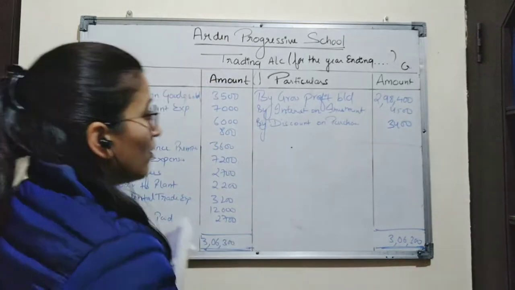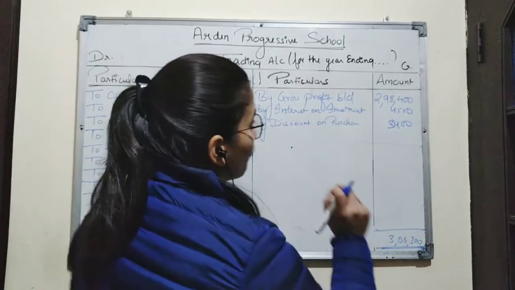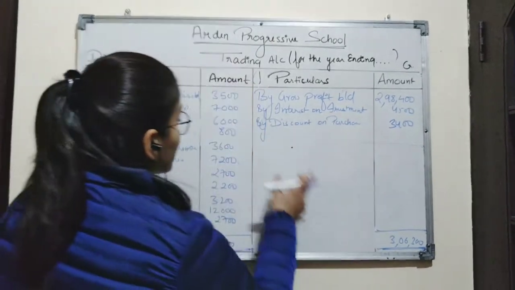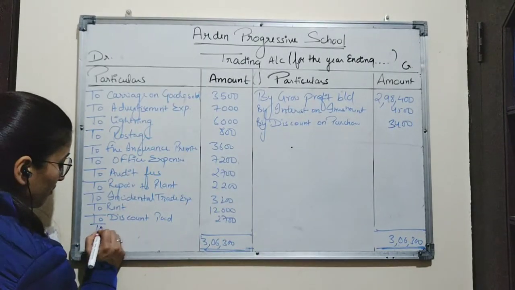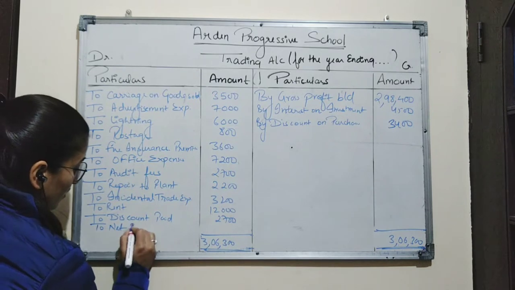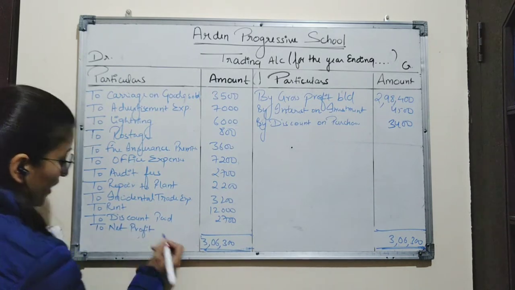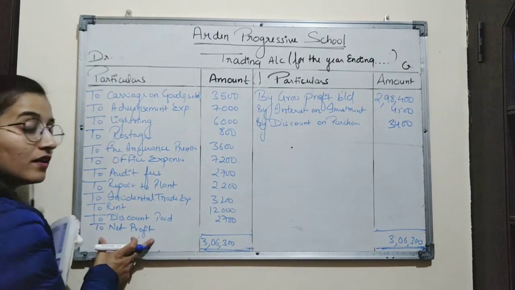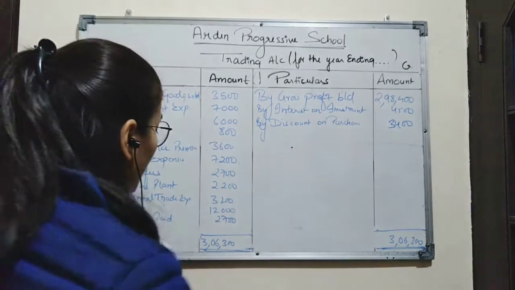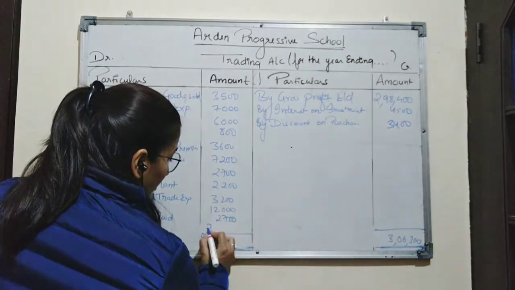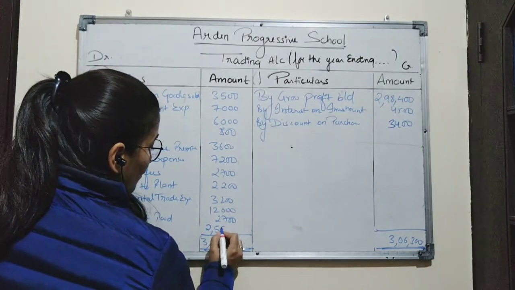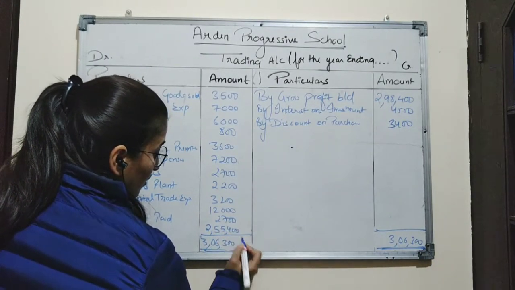As we know, if the income side of P&L account exceeds its expense side, it is considered as net profit. To net profit. So balancing figure here is considered as net profit, and the balancing amount will be rupees 2,55,400.